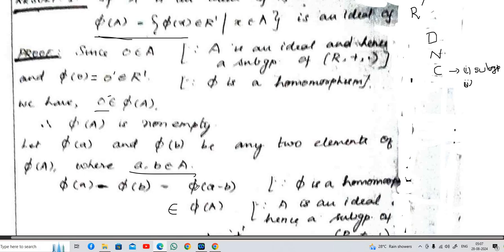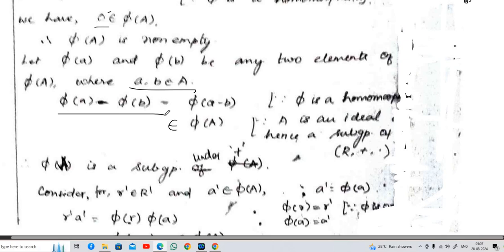They are in A. So A being an ideal, a minus b being a subgroup, it will be present in capital A. So the whole lot is a member of phi of A. So phi of a minus phi of b is a member of phi of A, and therefore phi of A is a subgroup under addition.